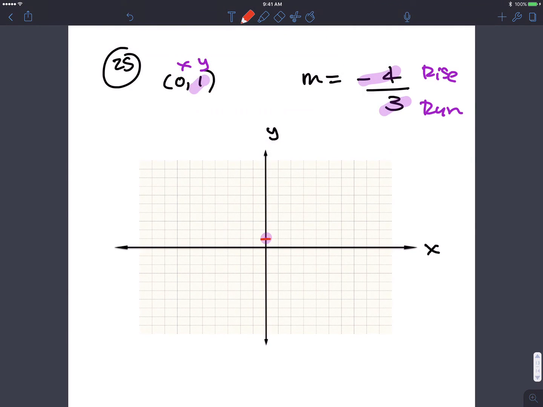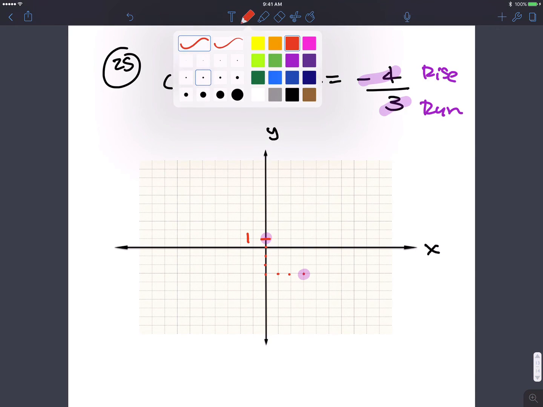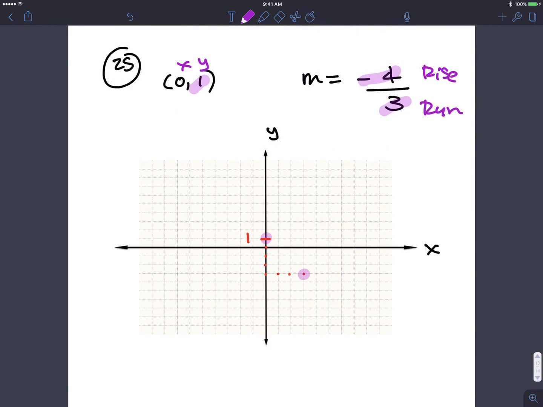If you want, label the y-intercept at 1 there. Now use your slope. Go down 4 units. 1, 2, 3, 4, and then go to the right 1, 2, 3 units. This is the location of your second point. Let's draw our line. And we're done.